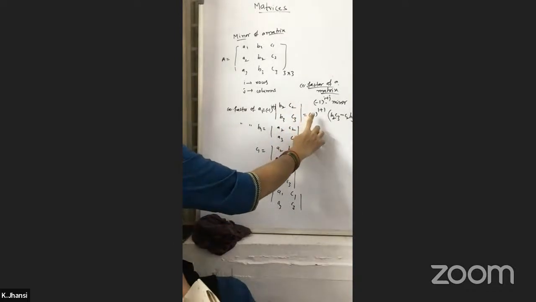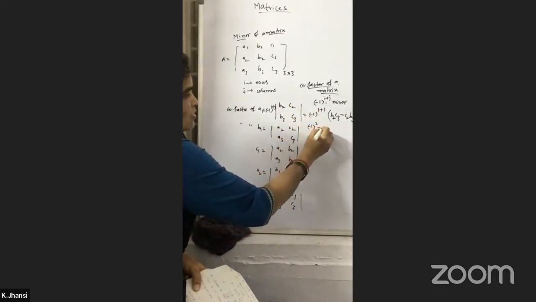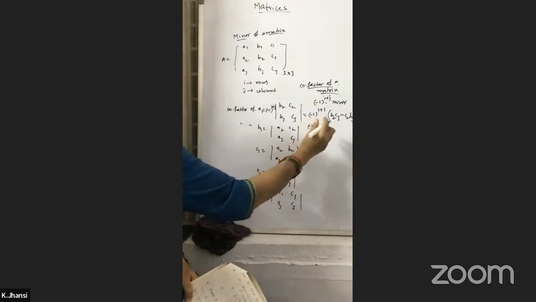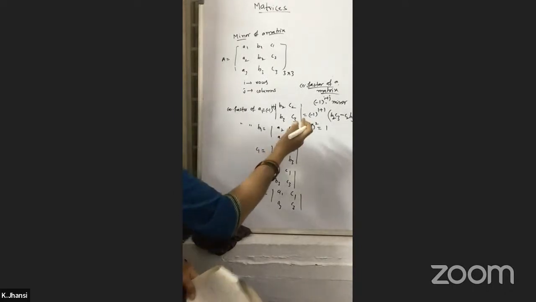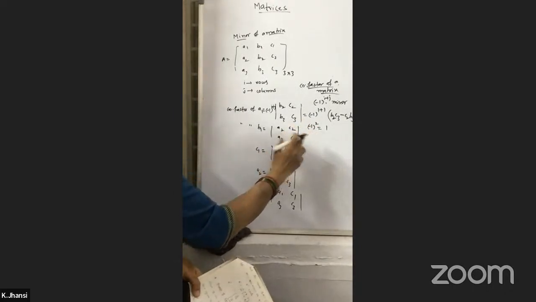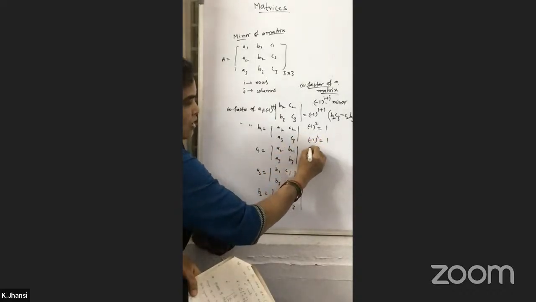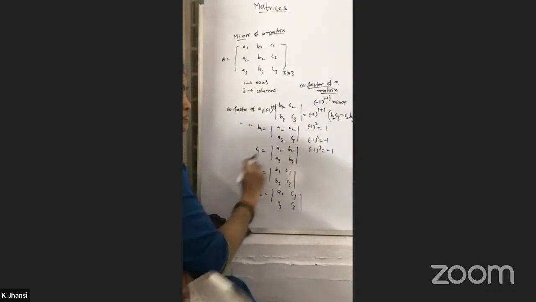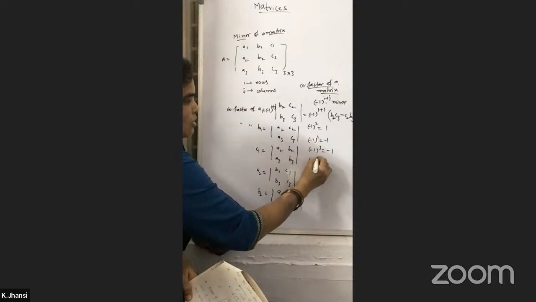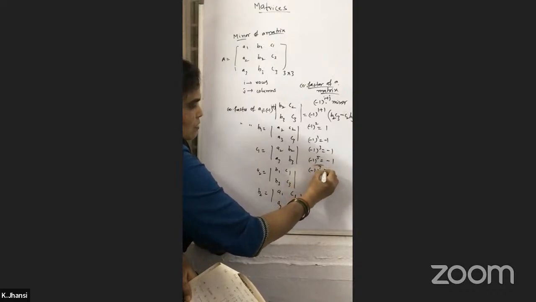Okay. So here, if you see minus 1 to the power of 2, so minus 1 whole square, what will you get? You'll get a positive one. And already you know minus 1 to all the odd powers: minus 1 to the power of 1 equals minus 1, minus 1 to the power of 3 equals minus 1, minus 1 to the power of 5 equals minus 1, minus 1 to the power of 7 equals minus 1.